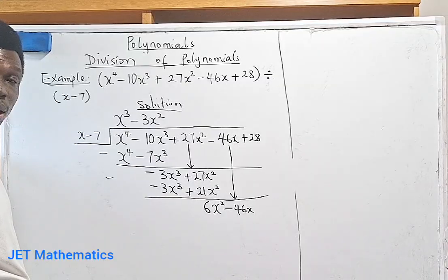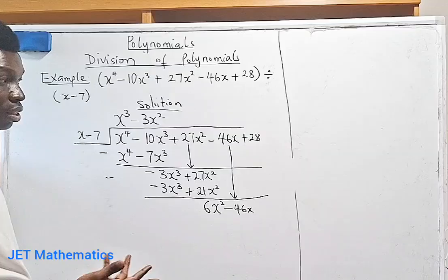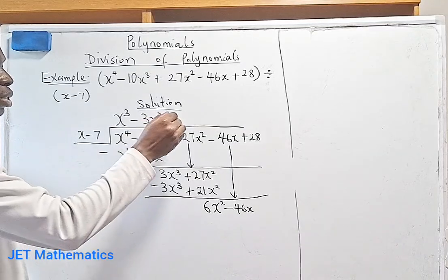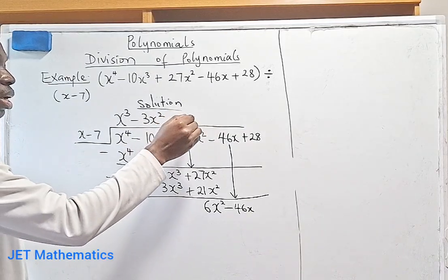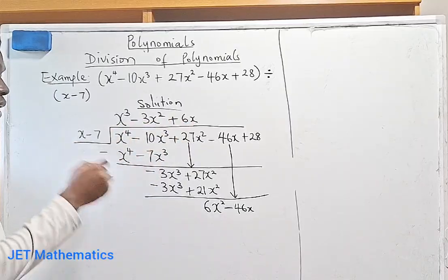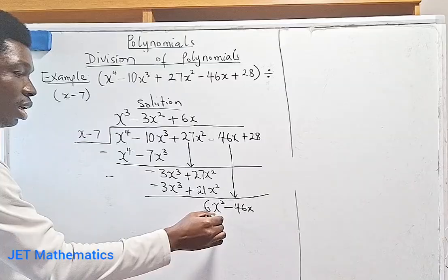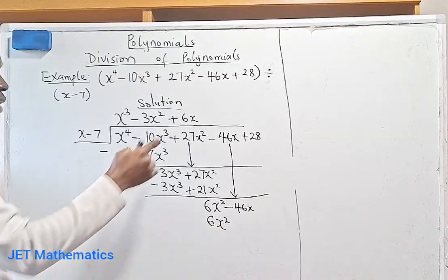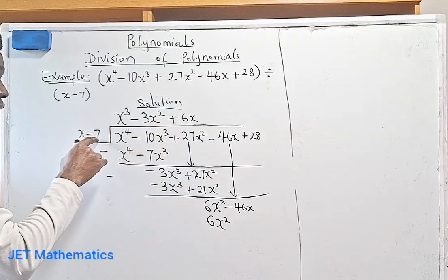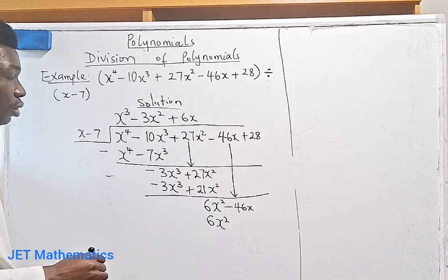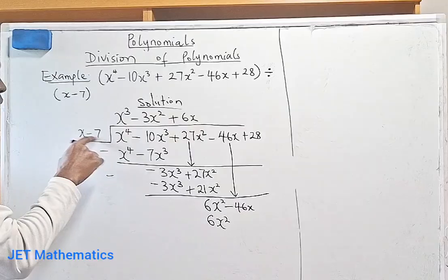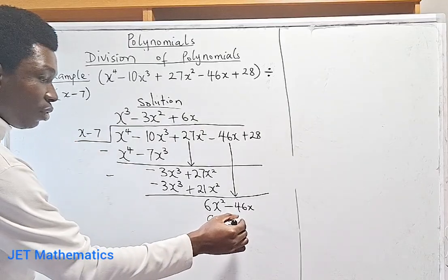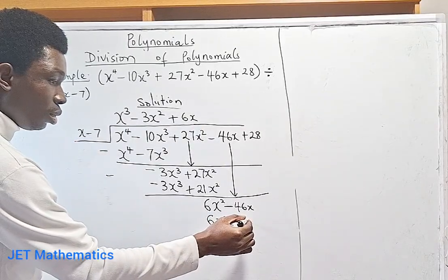Obviously, we can use 6x, so that is positive 6x. 6x times x gives us 6x squared, and 6x times minus 7 gives us minus 42x.